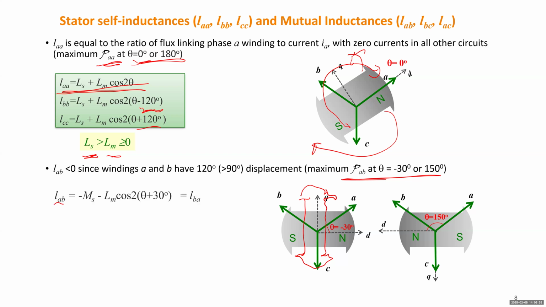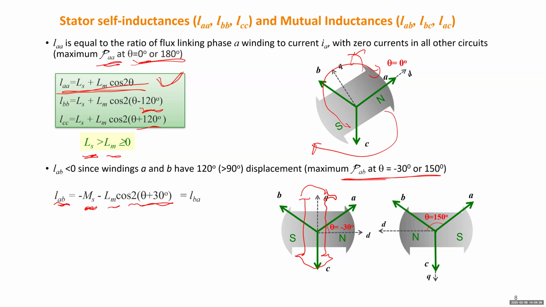So now we know the mutual inductance LAB will be pretty similar to the equation above, but with a negative constant and a negative coefficient multiplying cosine 2 theta. The 30 degrees indicates the initial phase is negative 30 degrees. So when theta equals negative 30 degrees, the periodic term will reach the maximum value.